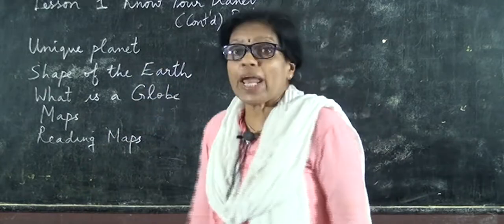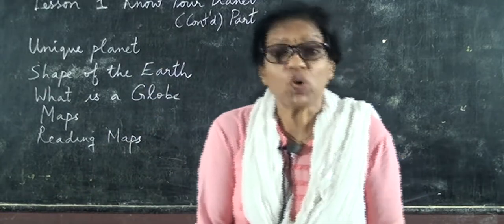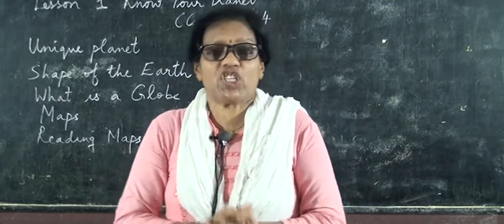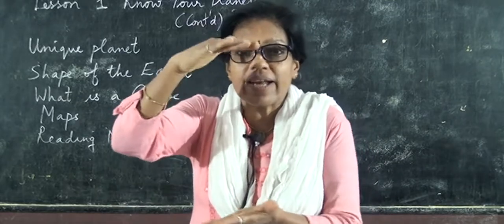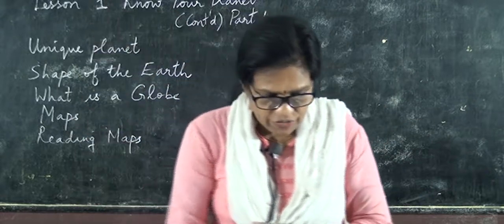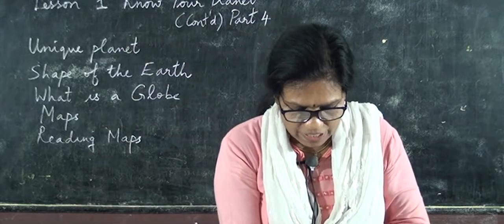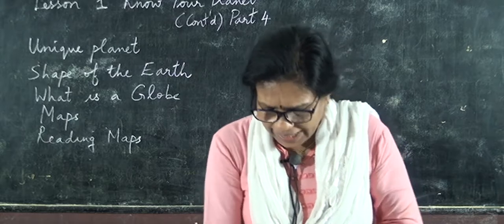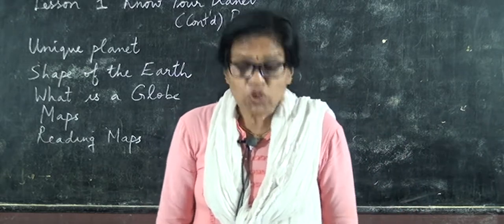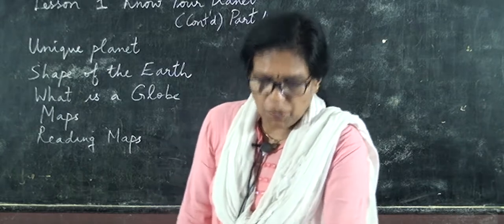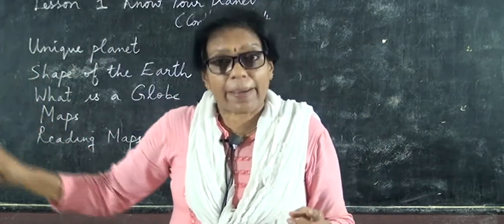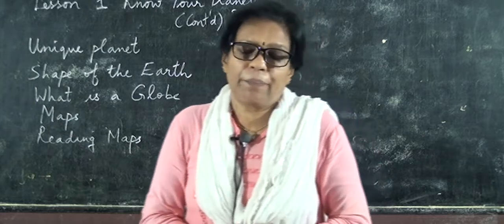Next, the shape of the earth. Now I told you what's the shape of the earth. The earth is spherical in shape. That means flattened at the poles and bulging in the middle. And in this lesson they also tell that Ferdinand Magellan, a Portuguese explorer, started from one place in his ship and came back to the same starting point.